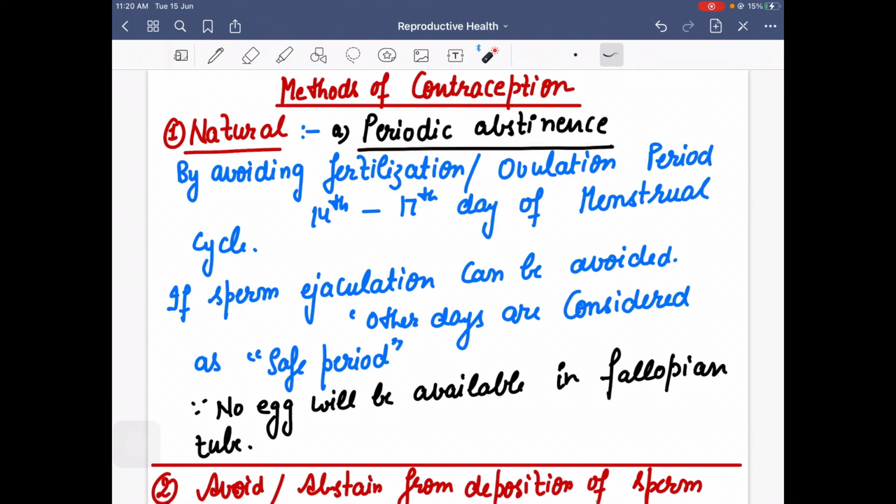Now, in our previous chapter, we just finished our chapter called human reproduction. In human reproduction, we completely discussed our cycle, which is known as the menstrual cycle, right?